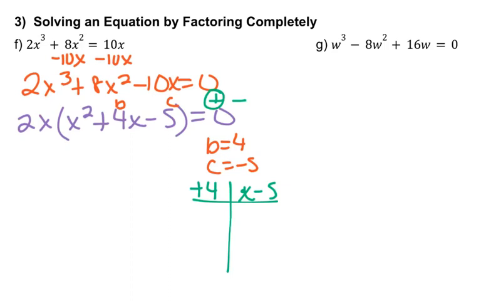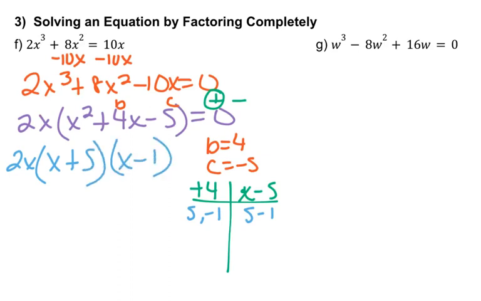Positive 5 times -1, right? So 5 and -1 would be positive 4, and 5 times -1 would be -5. So yep, it would be 2x parentheses x plus 5 parentheses x minus 1 equals 0.